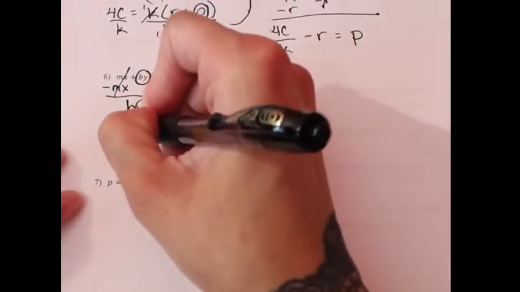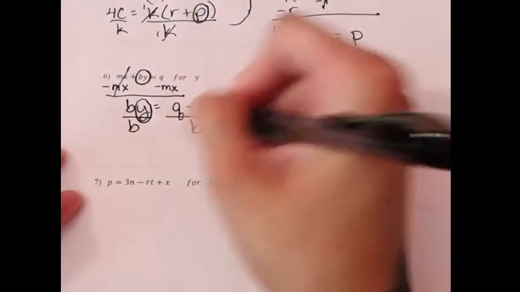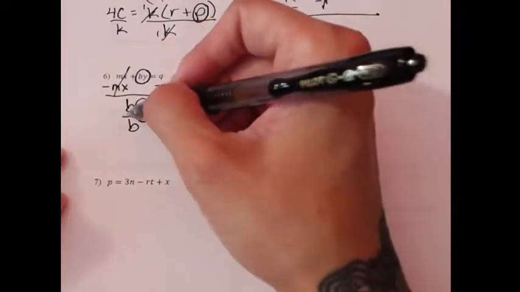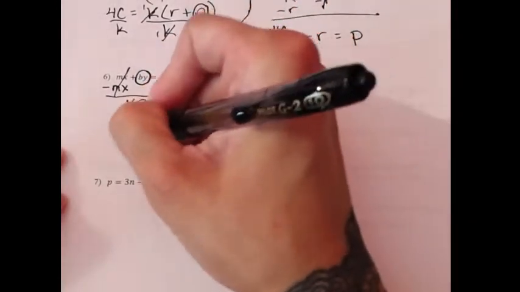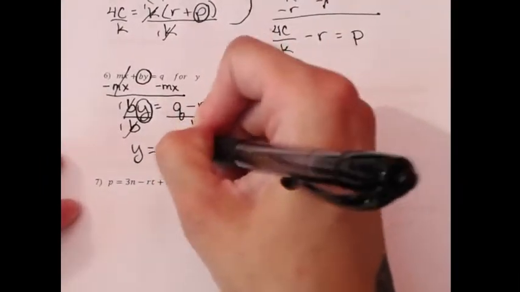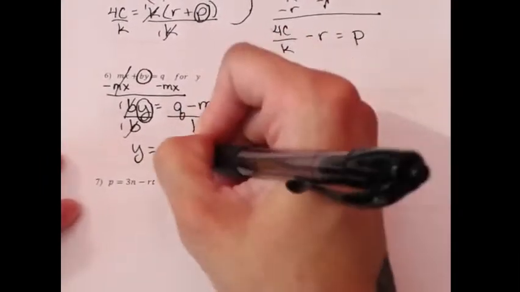So we divide by b, and we divide by b. Notice here b divided by b is 1. These cancel, leaving you with 1. So we have y is equal to, and I am okay with you writing your answer as q minus mx all over b.